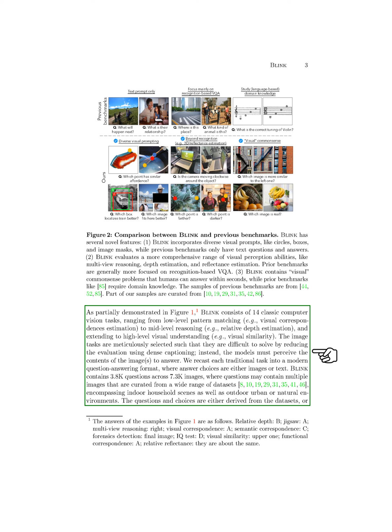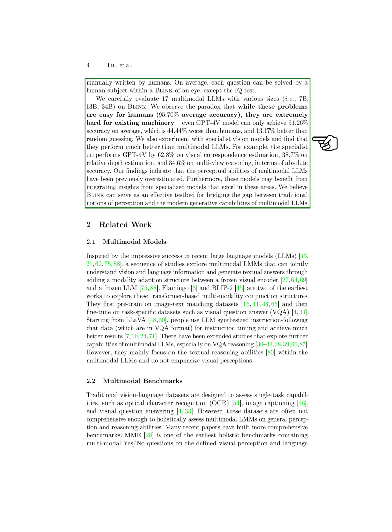Questions are either derived from datasets or manually crafted, presented in a question-answering format with answer choices of images or text. Despite being easily solvable by humans, these tasks prove to be extremely challenging for existing machinery, with even advanced models like GPT-4v struggling to achieve human-level accuracy.